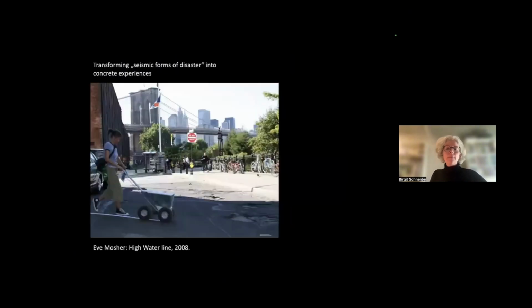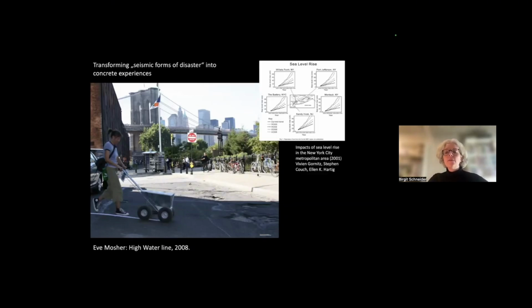The second example I'm showing you here is from one year later, 2008. Artist Yves Mosher read a scientific report on impacts of sea level rise in the New York City metropolitan area. And then she drew these lines into a city map and rented a chalk wagon, something which you use to mark the floor of football grounds, for example.